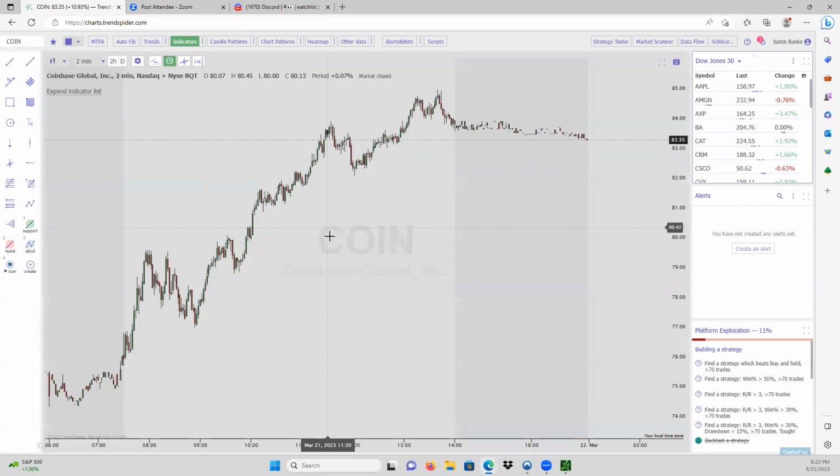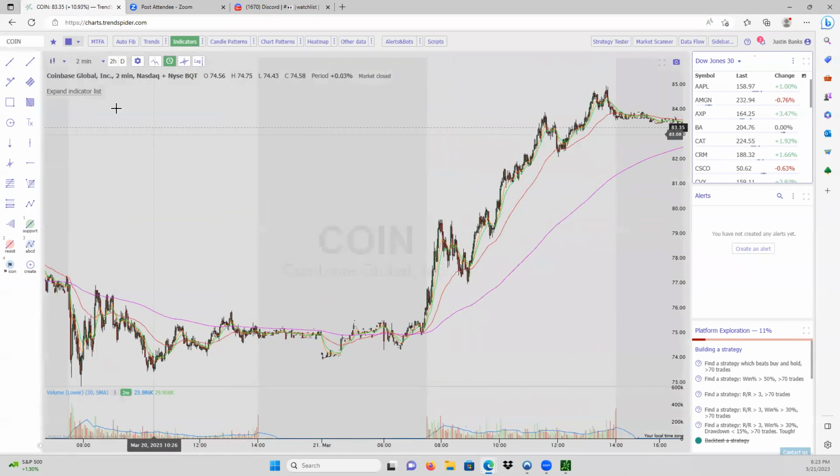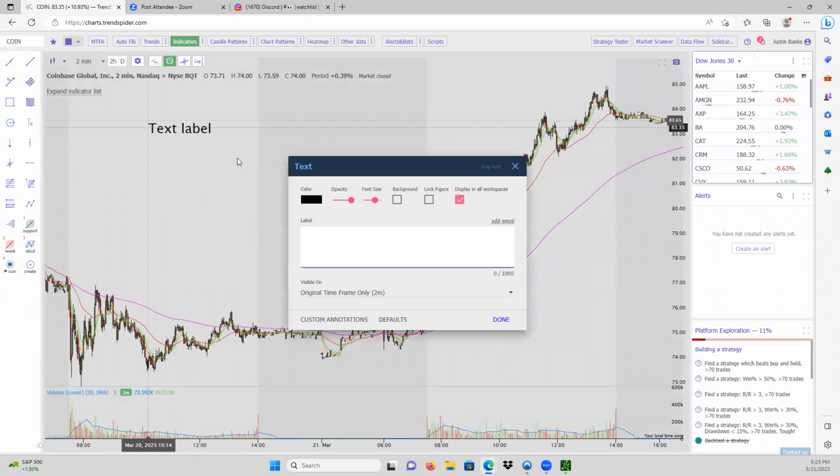Computer wants to load. Cool. So let me type this out for you guys so you guys can get a clear thing. What am I using? Indicators for strategy are going to be the 200 EMA.